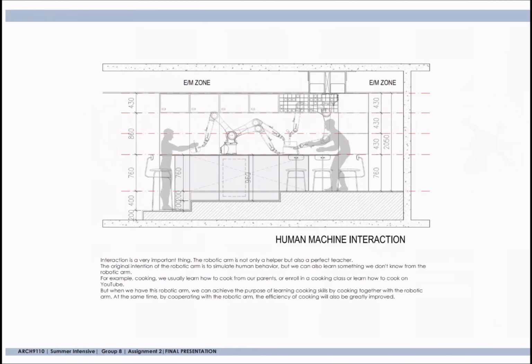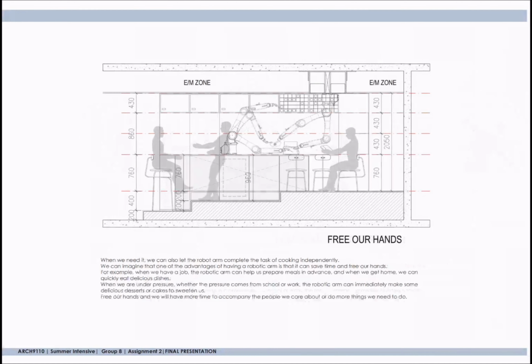For example, for cooking, we usually learn from our parents, or enroll in a cooking class, or learn how to cook on YouTube. But when we have the robotic arm, we can learn cooking skills by cooking together. At the same time, by cooperating with the robotic arm, the efficiency of cooking will be greatly improved.